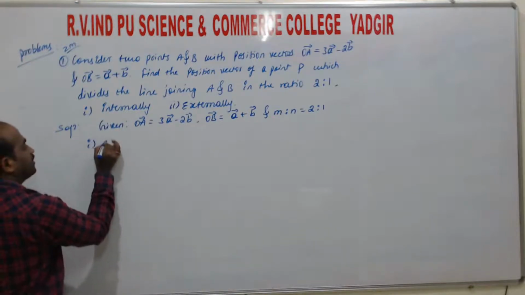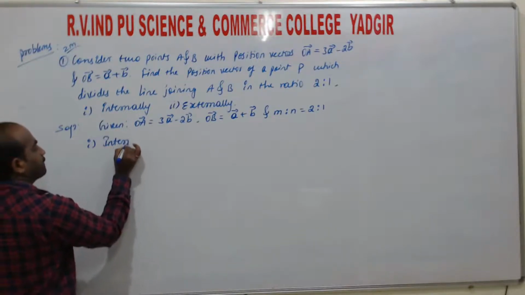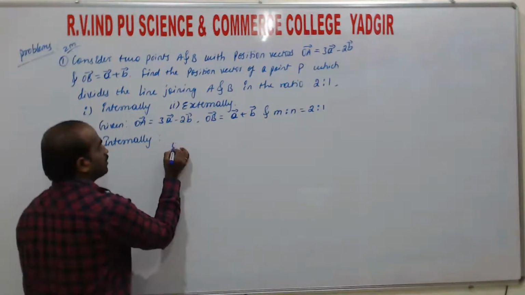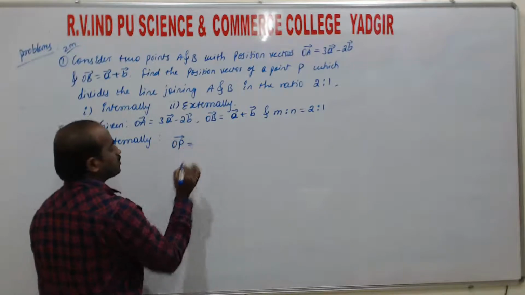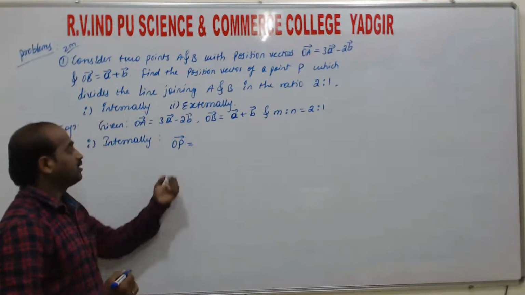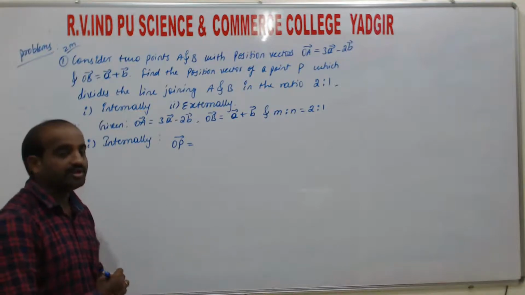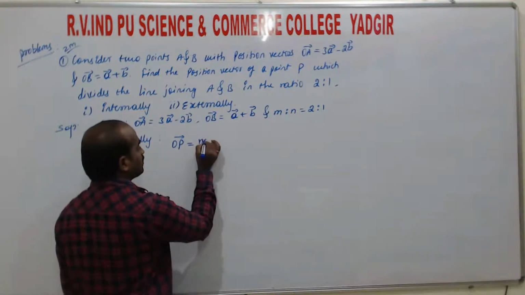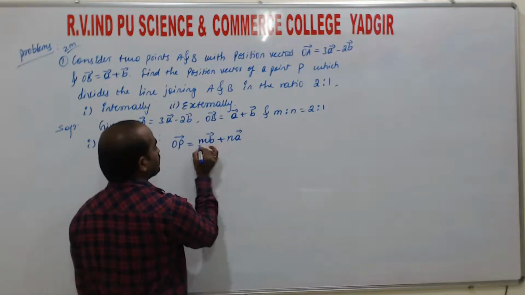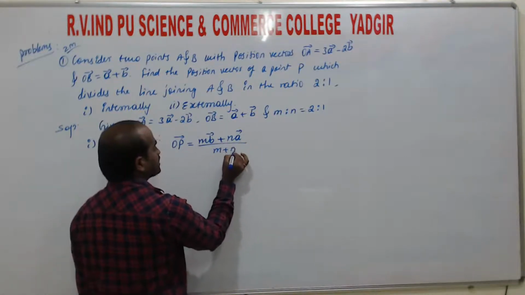First one, internally. OP vector is equal to (m OB vector plus n OA vector) divided by (m plus n).